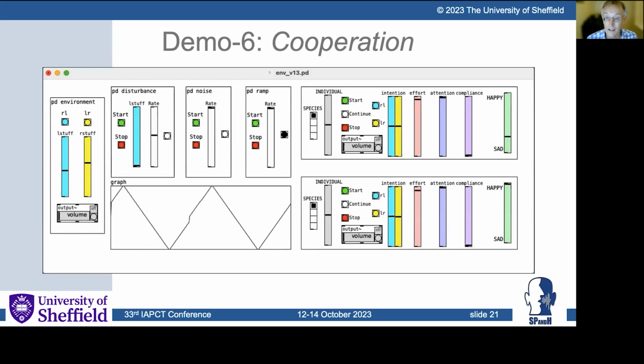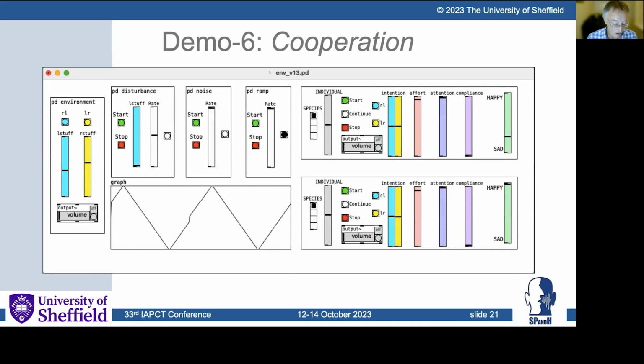Okay, so now we get to touch on some of the things that Steve was just asking about and links into Rick's talk. So we've got two agents now on the right-hand side, and they have the same intentions right now, but you'll notice that the efforts are not at maximum. The motor effort is not at maximum, and the ramp is going to be the main disturbance.